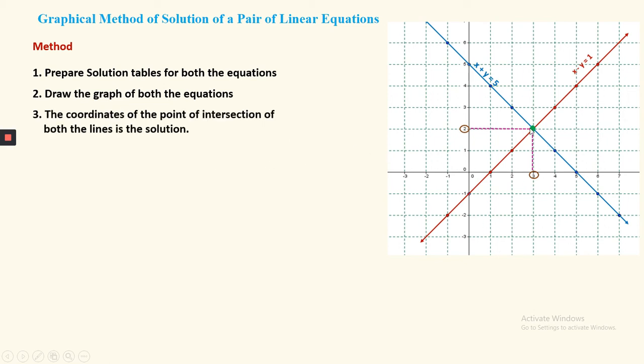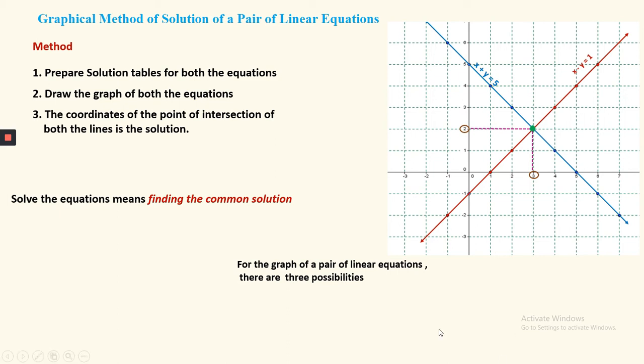Then identify the coordinates of the point of intersection of both the lines. The x coordinate and y coordinate of this common point will be the solution of this pair of equations. Now, solving the equations means finding the common solution. So whenever the question is to solve the equations graphically, you will have to find the common solution of both the equations.